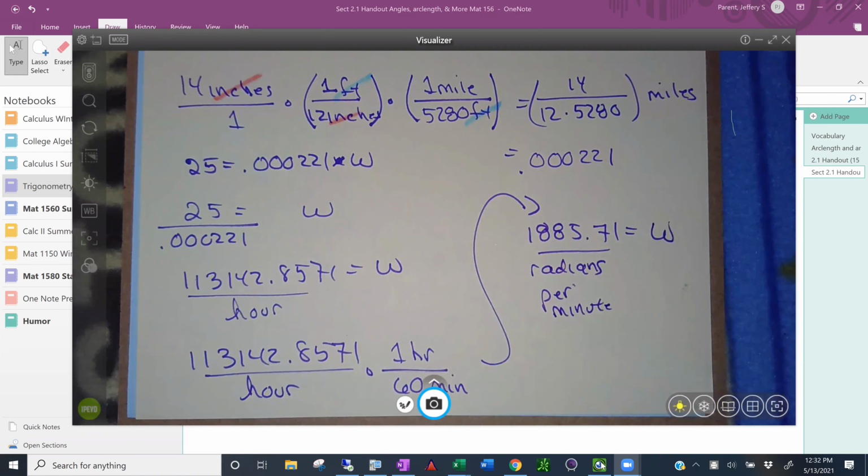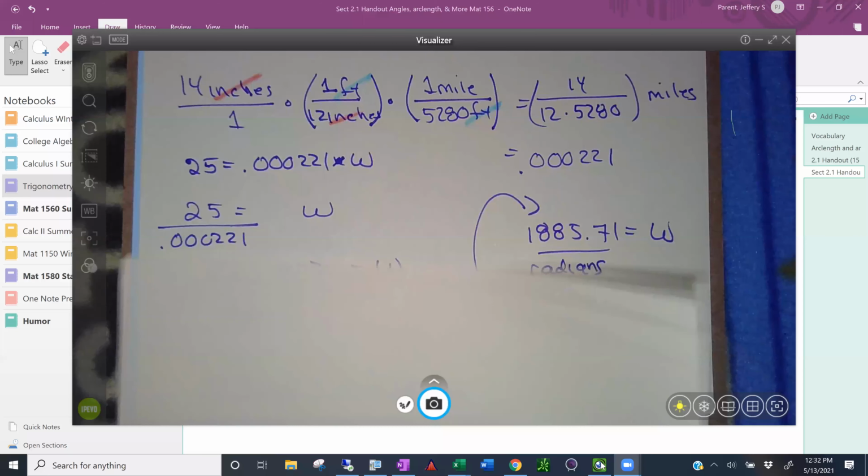I'd be happy to tell you we're done, but we only got one more thing to do. Let me pause here for a second. Are you okay with what we've got here? Yes. One last little thing to discuss. All right. That last little thing to discuss is the fact that they want your answer in revolutions per minute.